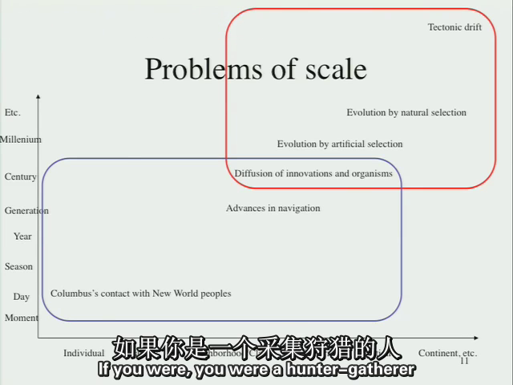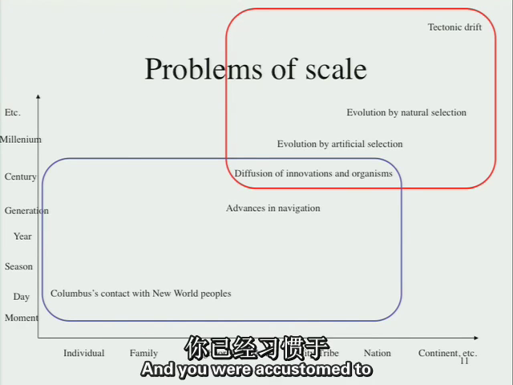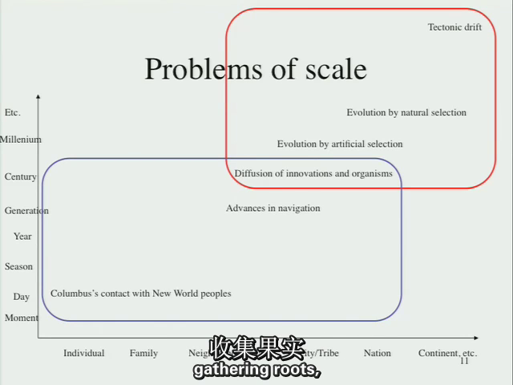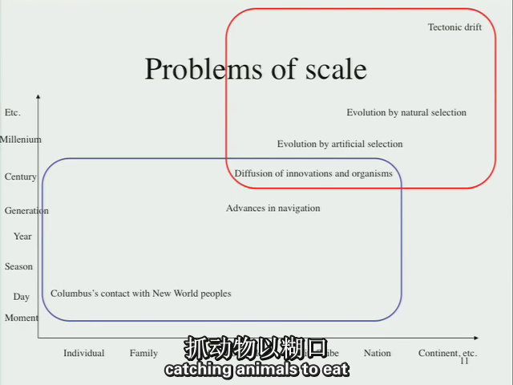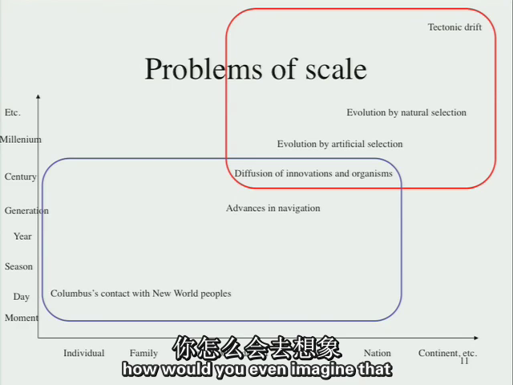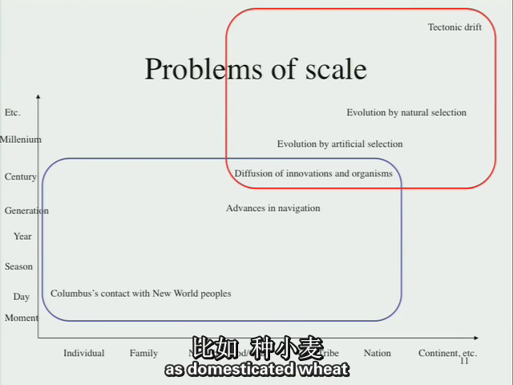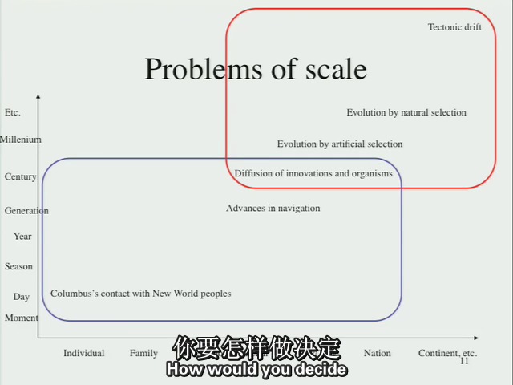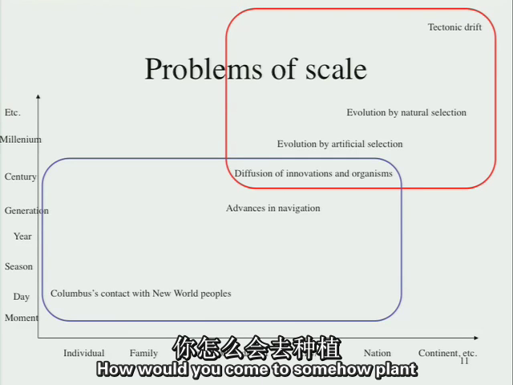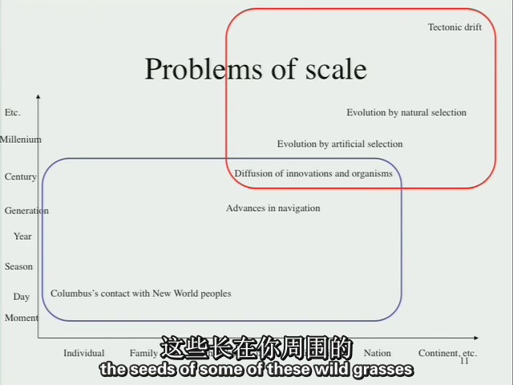Why? If you were a hunter-gatherer and you were accustomed to gathering roots, catching animals to eat, how would you even imagine that there could be such a thing as domesticated wheat?